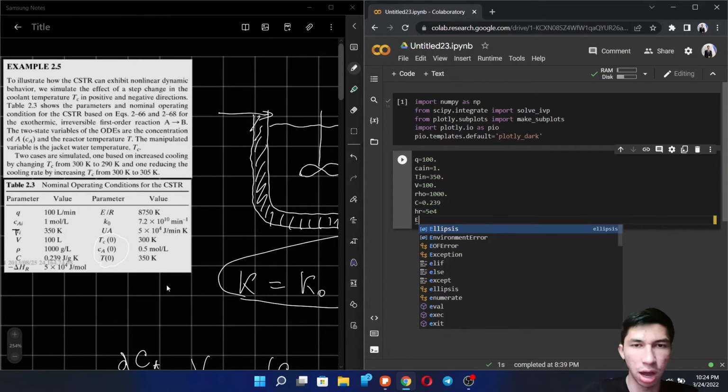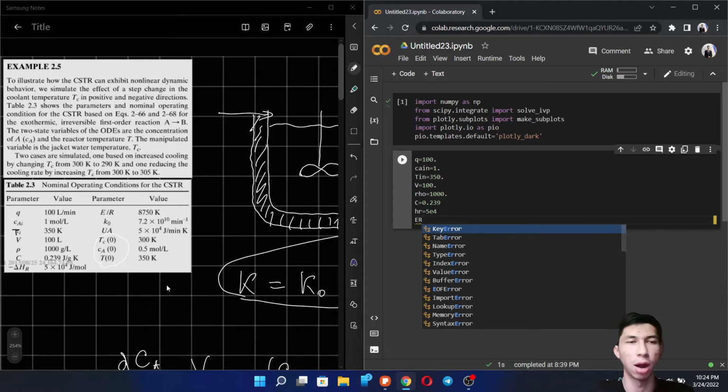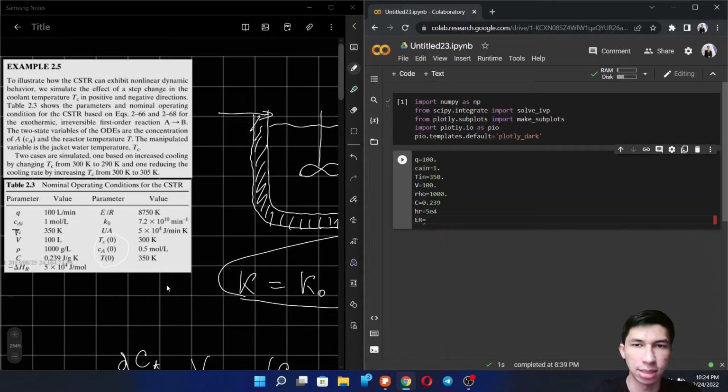We have ER, right? E over R. I can just make it ER. Okay, so let's have it as 850, right? And then what else do we have? We have our K naught. It's going to be equal to 7.2 times e to the 10, right?